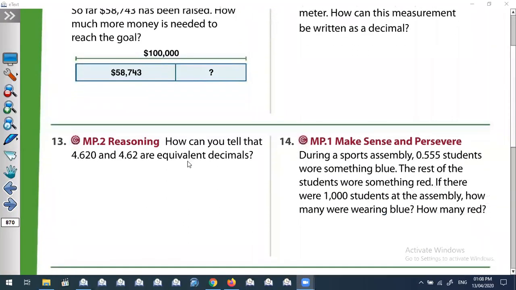How can you tell that 4.620 and 4.62 are equivalent?